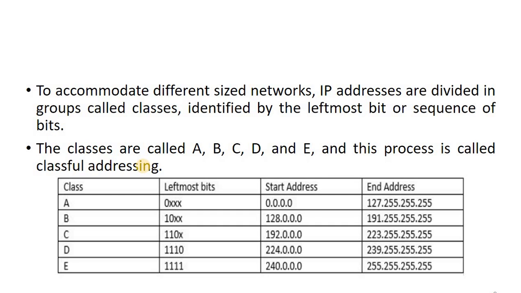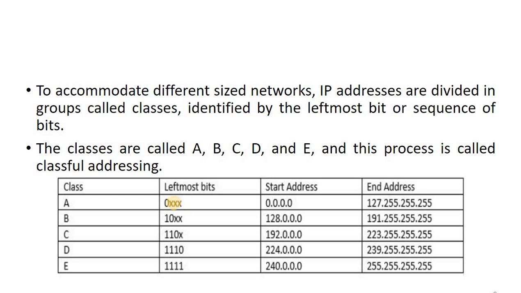So when we see in detail what these classes are all about, in class A, the leftmost bit is 0 and then variable. So whatever, they can be 0 or 1. The start address for class A is all zeros, because what we are saying is this is fixed, it's always 0. The rest can be anything.